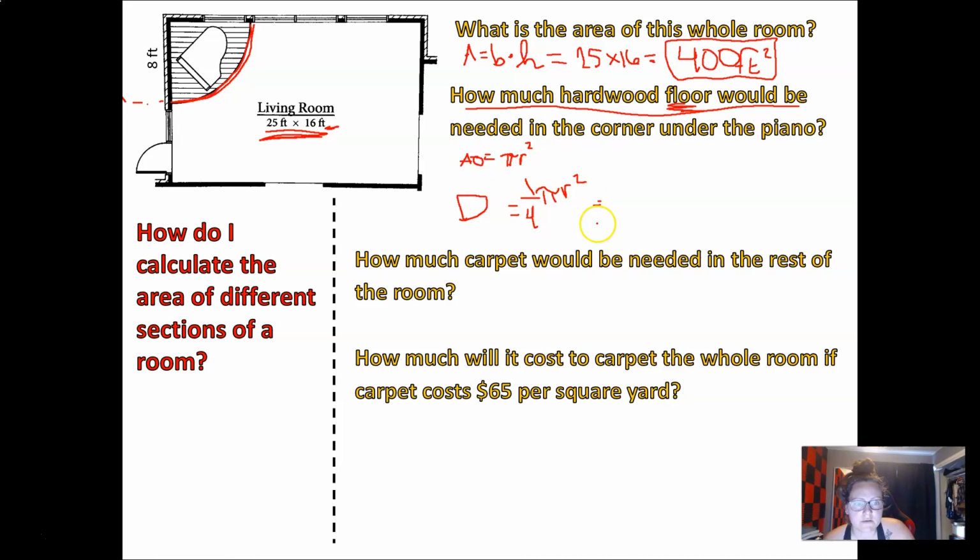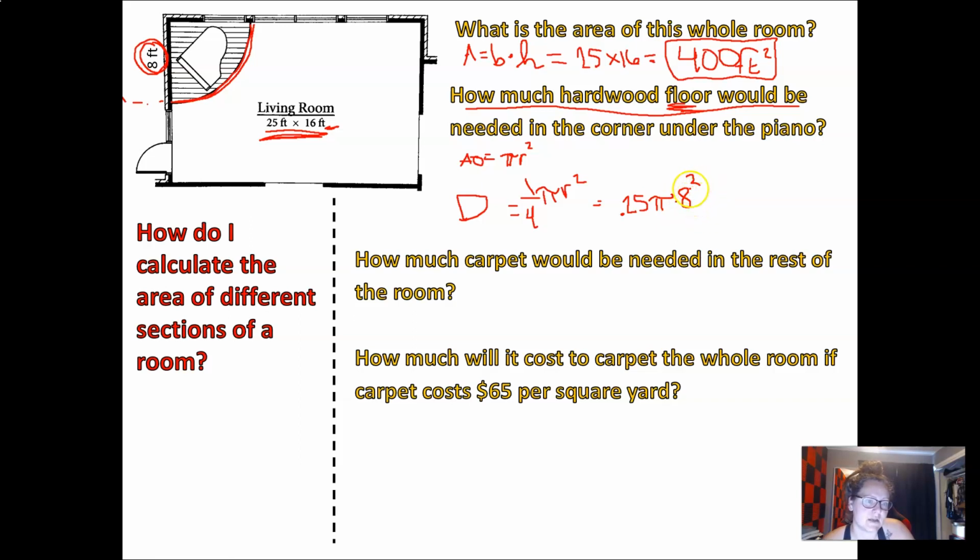Okay, so 1/4, if you plug that into your calculator, you would see that it's 0.25 times pi, and r is 8. It's given to us over here. Pi times 8 squared. When you plug all that into your calculator, 0.25 times pi, so look for that button on your calculator, times 8 squared.